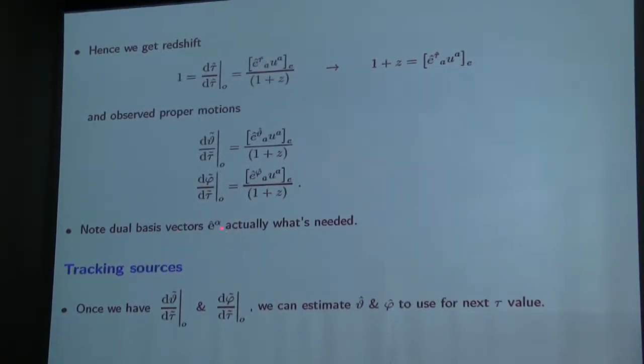And as I mentioned, it's the dual basis vectors that we need in order to do this, so we propagate and invert. Once we have that, then, as I said, this allows us to track the sources because we know the instantaneous rate of change of angle on the sky for the observer. And that allows us to estimate, guess where to point the next ray.